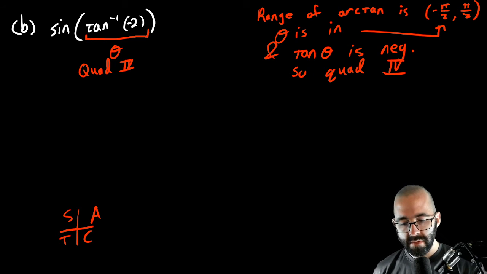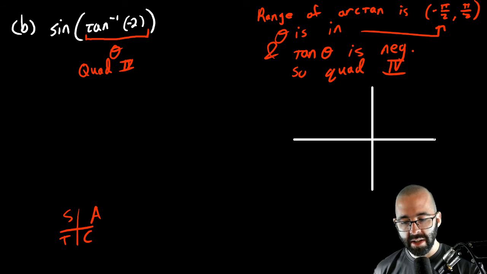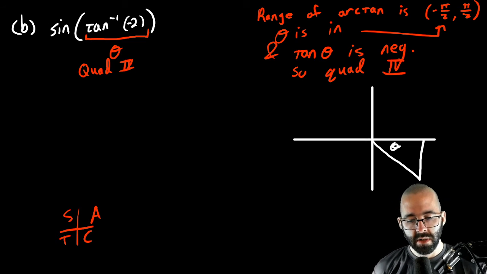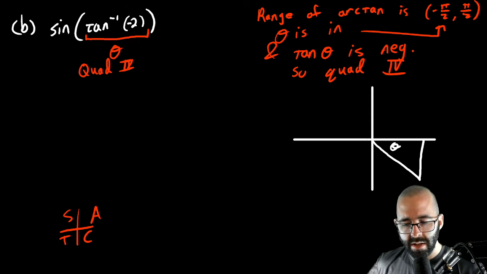So you have some angle in quadrant 4. I don't know what it is, but this is some angle in quadrant 4 whose tangent is -2. Right? Where am I getting that?